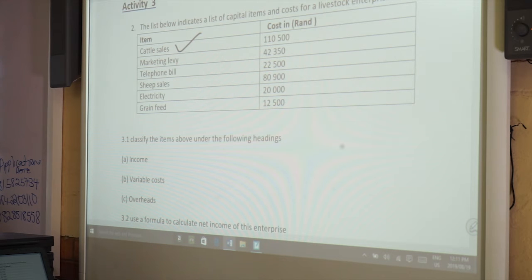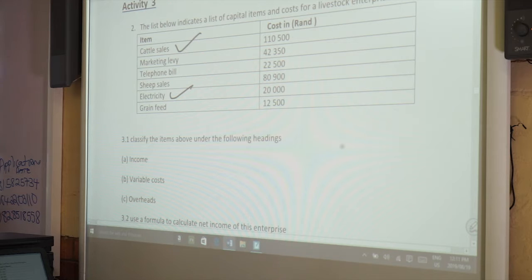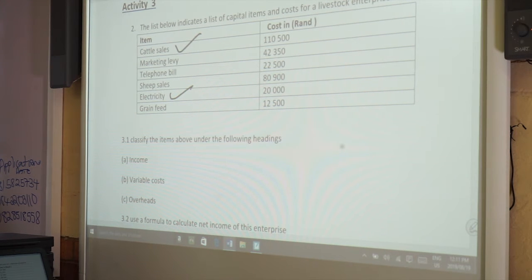Overheads are the ones that are responsible for the operation of a business, but they are not directly involved in the production, as we have explained it. The electricity is a very good example of an overhead. So now you use a formula to calculate the net income of this enterprise. Net income is going to be income minus expenditure.